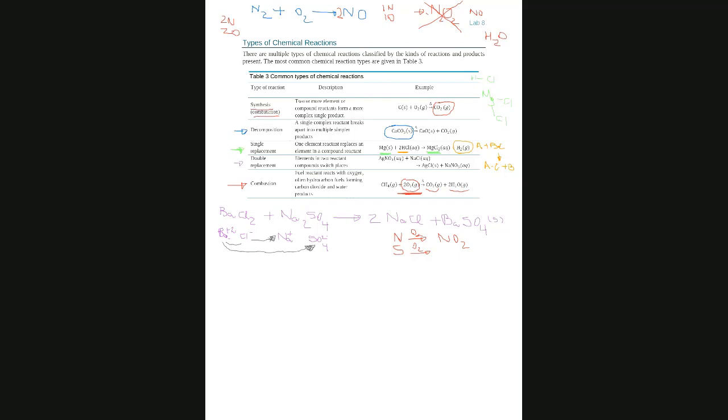If there is no oxygen on the reactant side, you will say no combustion. You need oxygen on the reactant side. But sometimes you will have a product that is NO2 or SO2, and that can be a combustion as well.